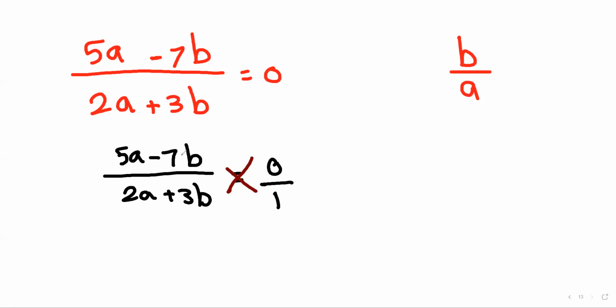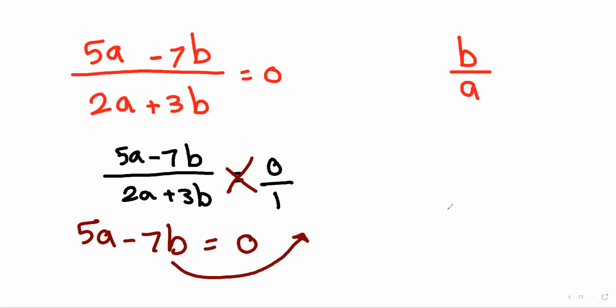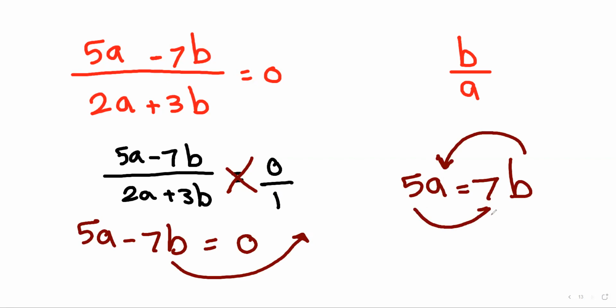So 5A minus 7B times 1 is 5A minus 7B, equals 0 multiplied by 2A plus 3B, which equals 0. After that, move this to the next side. So 5A equals 7B. Go and don't return alone. I want to get B over A. So B over A, don't return alone. Take 5 with you. So B over A is the same as 5 over 7.